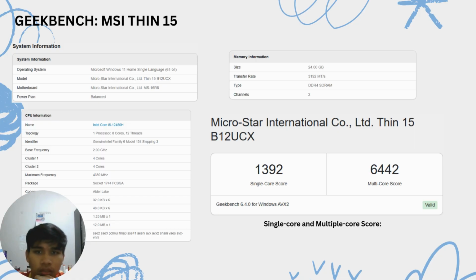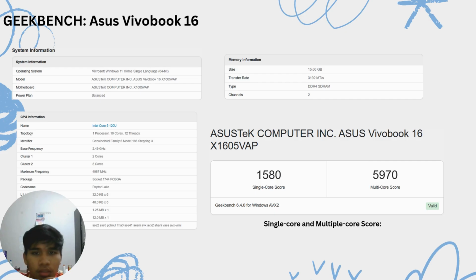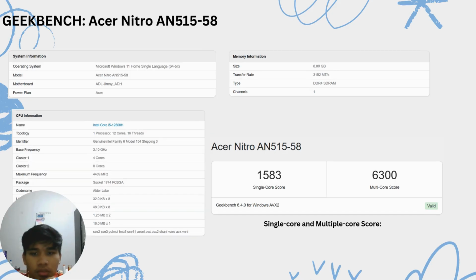So this is the result for the MSI 1015: the single-core score and the multi-core score. And then this is the Asus VivoBook 16 result. And the last one is the result for the Acer Nitro.